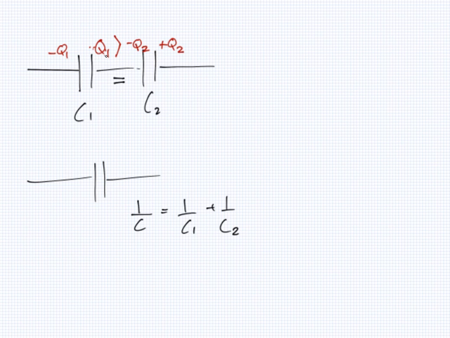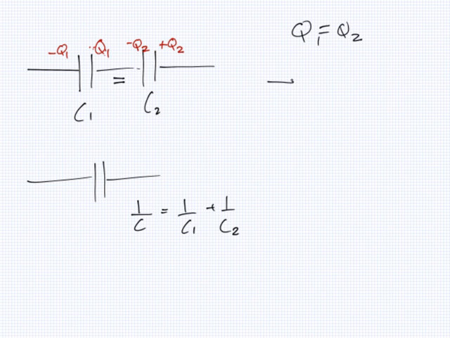So if the Q1 was bigger, let's say this was a positive and this was a negative, then they'd want to move together, and which one would win? The Q1 would win. So the Q2 would get pulled over to it. If it was the other way around, then the Q1 would get pulled over to this. So to be balanced, to be in equilibrium, it must be that Q1 equals Q2.